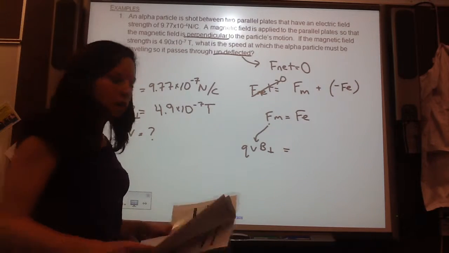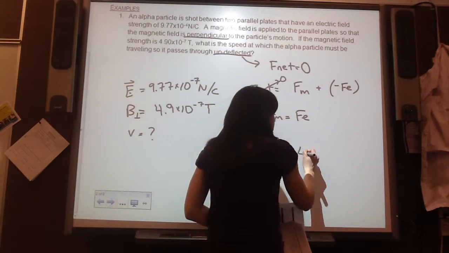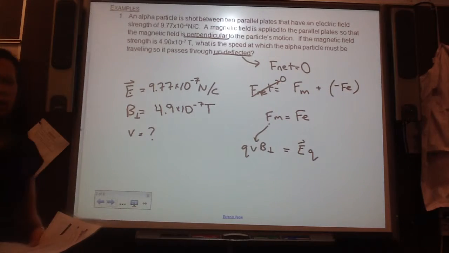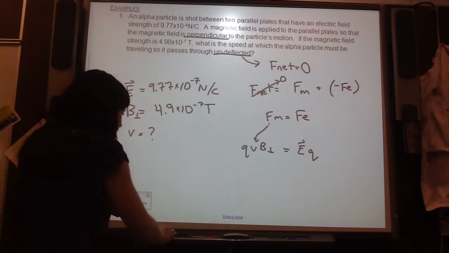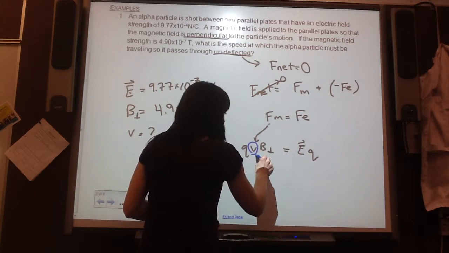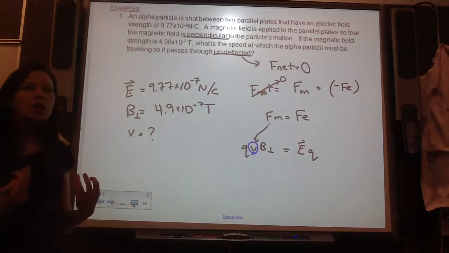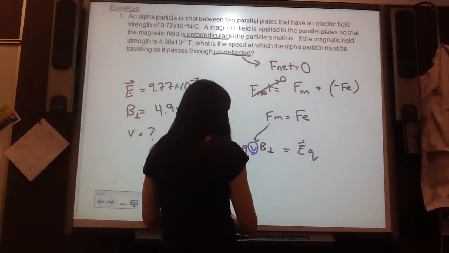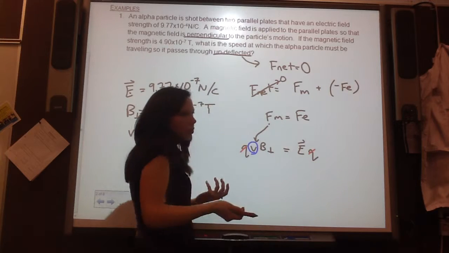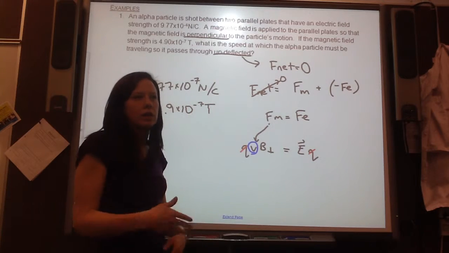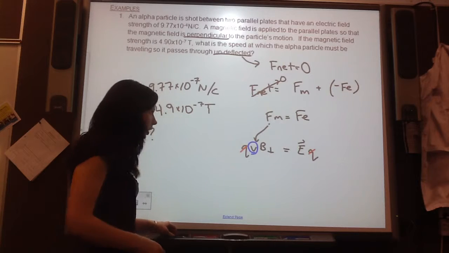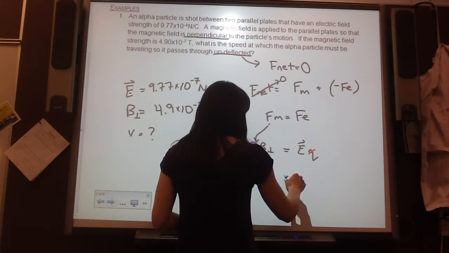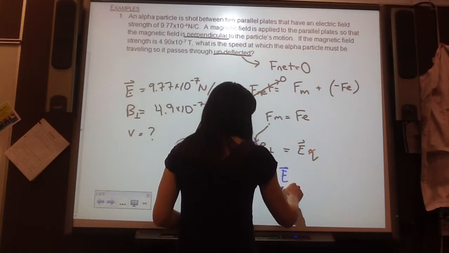Yeah, so Fe is then equal to E times Q. Okay. So now what I want to do is I want to solve for V in this question. Since Q is on both sides of the equal sign, and I'm not adding or subtracting, I can cross Q out. You could have it in your formula, but it's like you put it and divide it over itself, so it's kind of redundant. So now, if I rearrange this, I have V as my speed is equal to E over B.